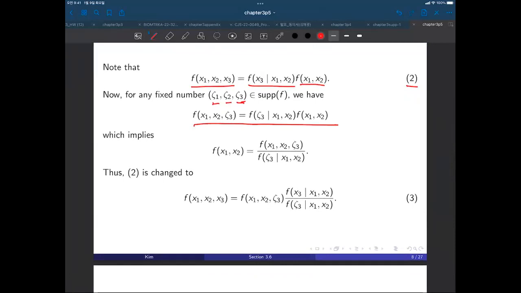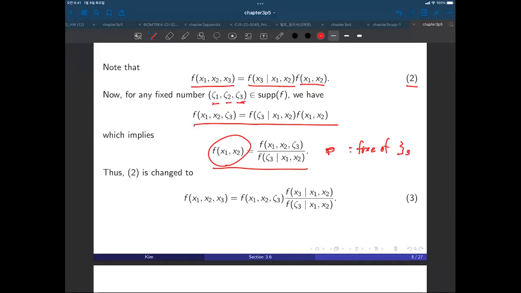And then you can actually play the algebra and write it this way. Then the right side: we know that this is free of psi 3.